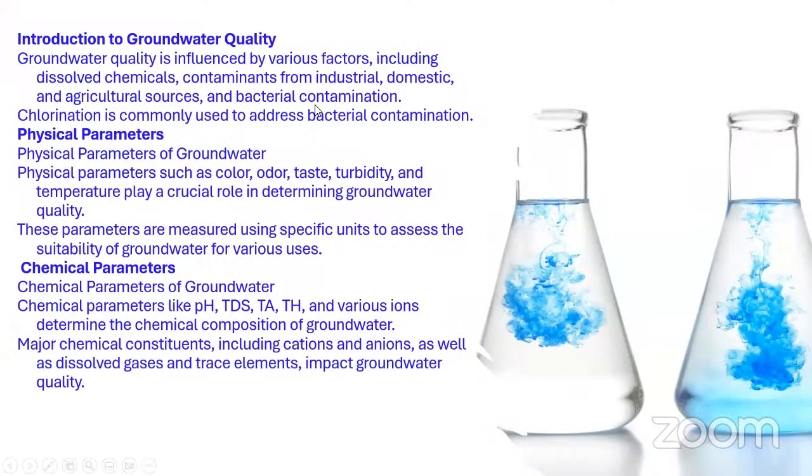See here, this is the introduction to groundwater quality. These are the physical parameters like color, odor, taste, turbidity, and temperature of the groundwater. And these are the chemical parameters like pH, total dissolved solids, total alkalinity, total hardness, and various major chemical constituents like calcium, magnesium, potassium, sodium, chloride, sulfate, carbonate, bicarbonate, fluoride.